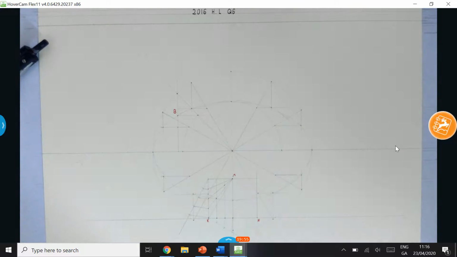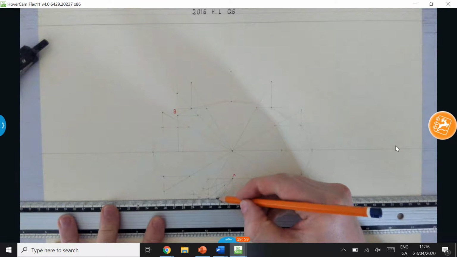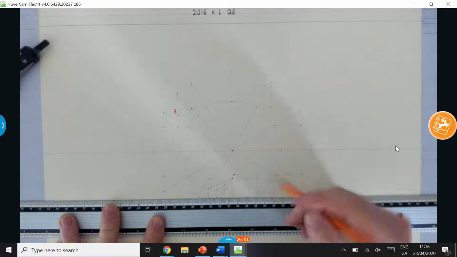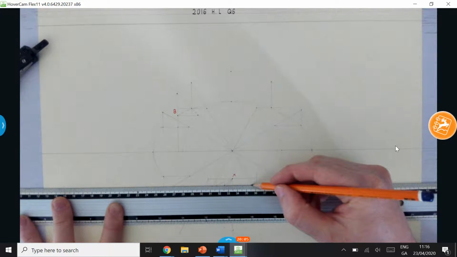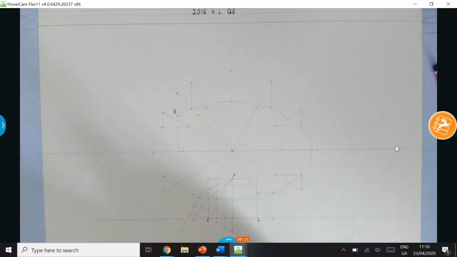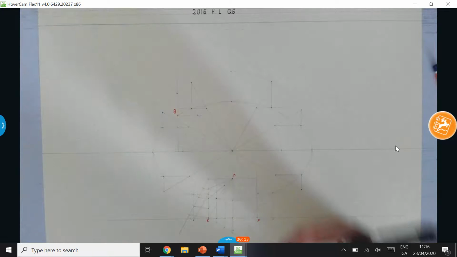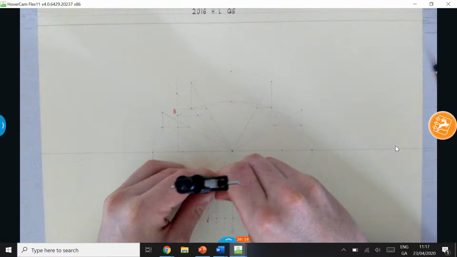From each of them points now, we're going to draw a horizontal line. I'm just using axial symmetry then. I'm going to flip them across.